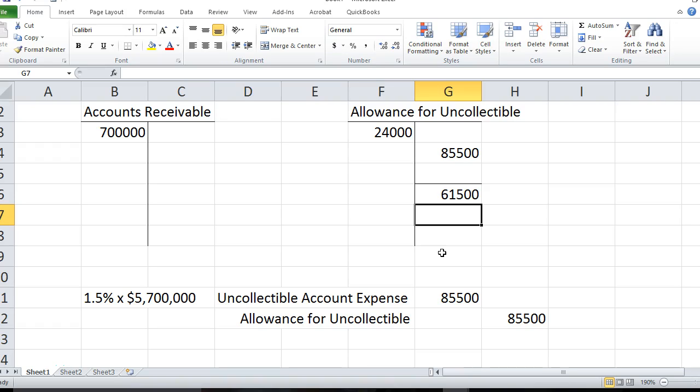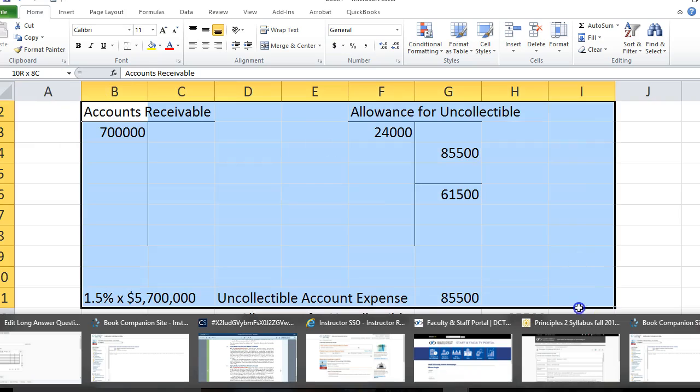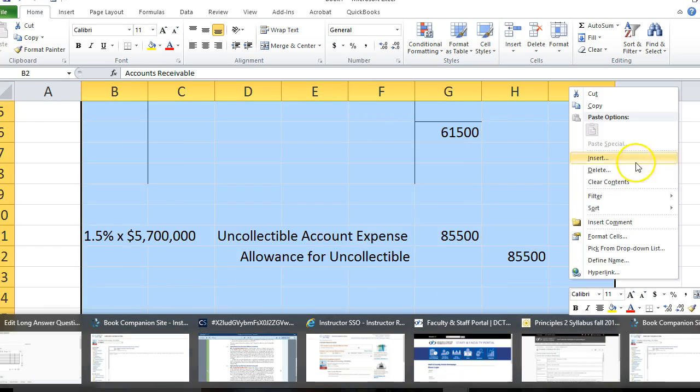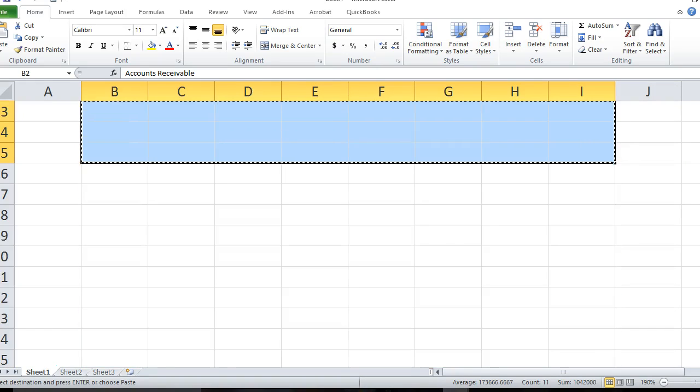Right? If we then do it the other way, I'm going to keep that so we can compare the two.